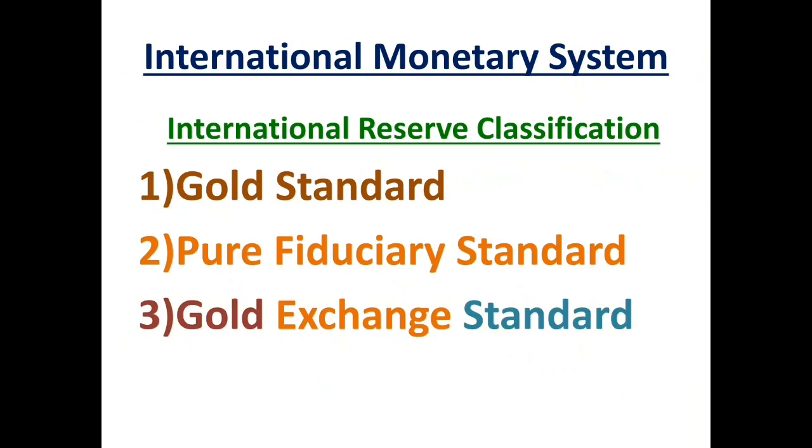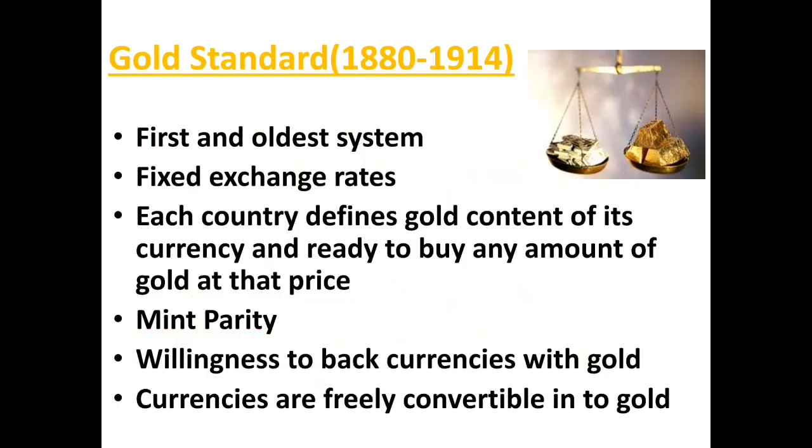For example, if your international reserve consists only of the pound sterling, it is known as a pure sterling standard. If it is only dollar, it's known as a pure dollar standard. If your international reserve consists of both currency as well as gold, it is known as the gold exchange standard. We will start from the gold standard.